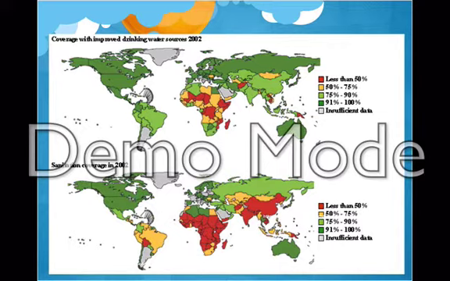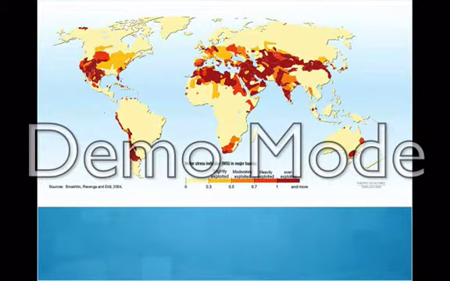And this leads to rampant disease, which is one of the things we're going to talk about in lab this week. So pretty much the entirety of Africa, the Middle East, Asia, not ideal sanitation conditions.